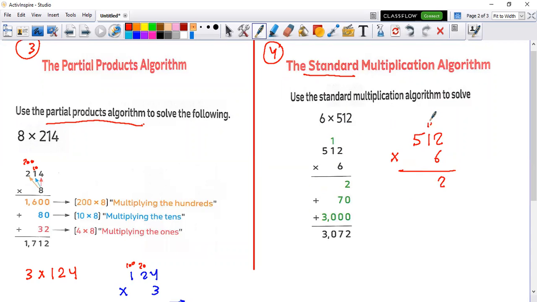Put 2 and carry up 1. 6 times 1 equals 6, plus 1 equals 7. 6 times 5 equals 30. It is a simple way to solve this problem. This is the last strategy, and it is called the standard multiplication algorithm.